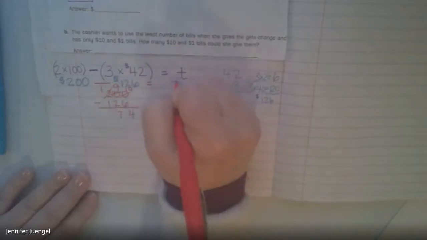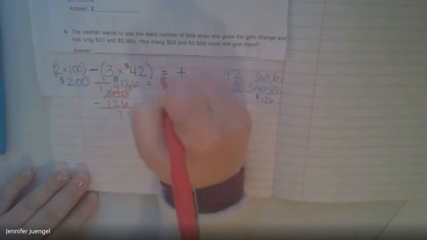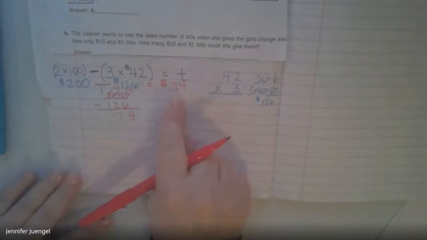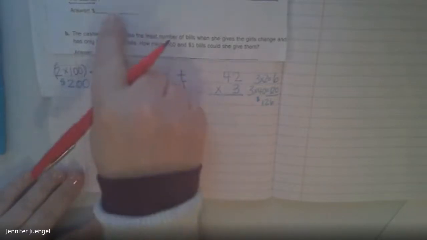And don't forget your dollar sign because we're talking about money. So the amount of change that the girls will get back is $74. So we would put $74 up here, and they've already put your dollar sign there for you.